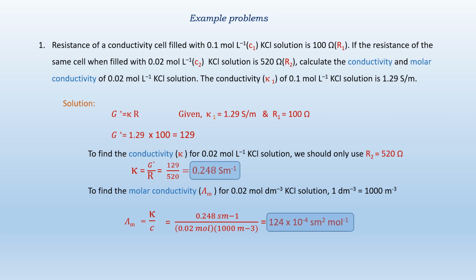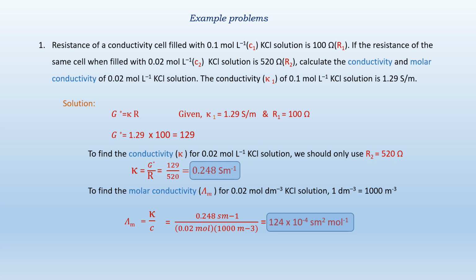Now for molar conductivity, you substitute the concentration, and as I have already said, if you want to express in meter cube, you have to divide by 1000 and substitute the concentration 0.02 molarity multiplied by 1000. That means divided by 1000.